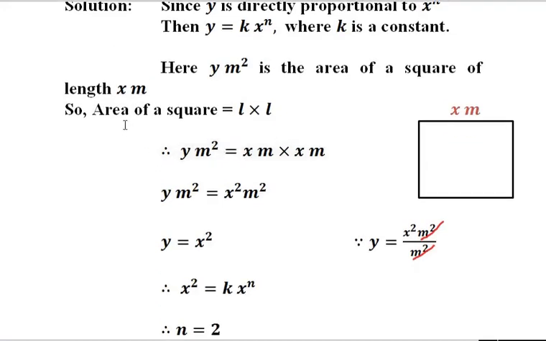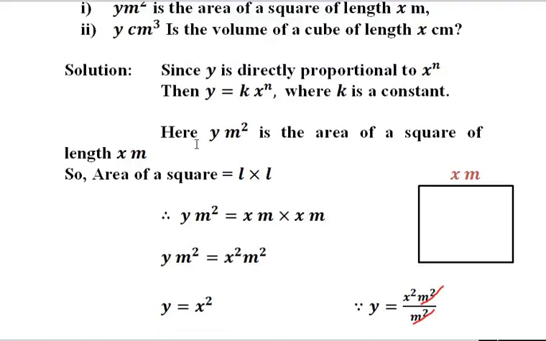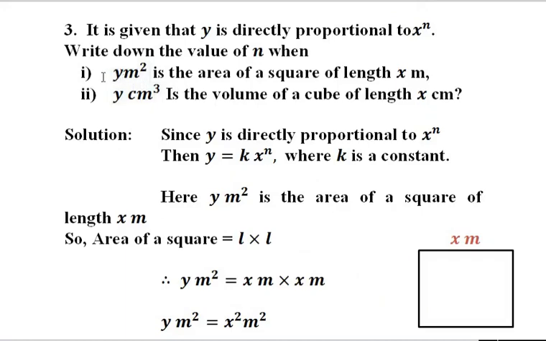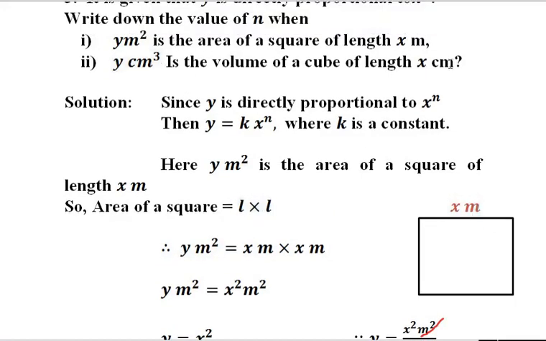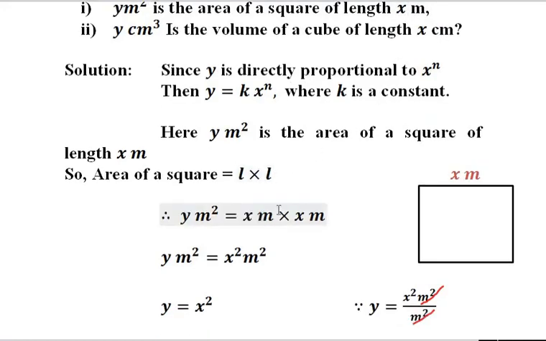Here y m square is the area of a square of length x meters. So we know that the area of a square is equal to its length multiplied by length. The product of any two dimensions of a square is equal to the total area of the square. Since area is given in this first part of the question, which is y m square, so y m square is equal to length of the square, x meter, which is also given in the statement of the question.